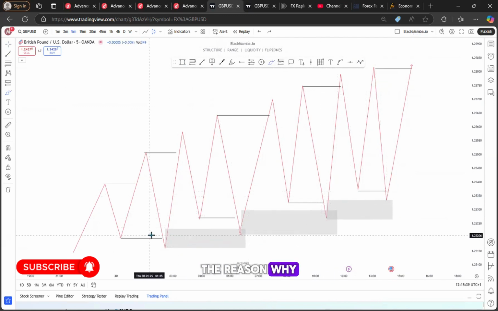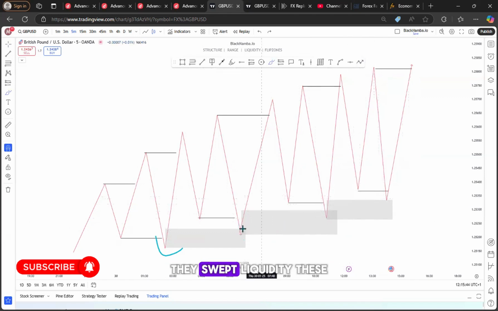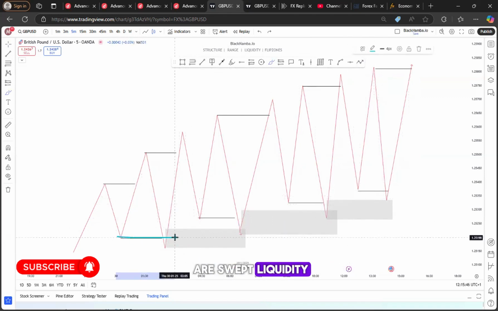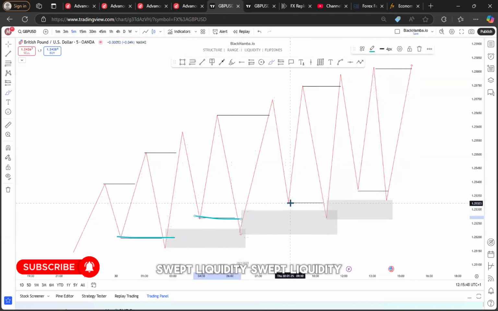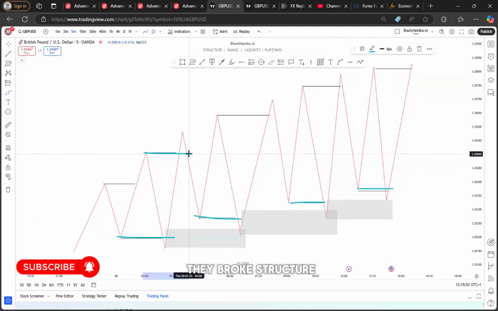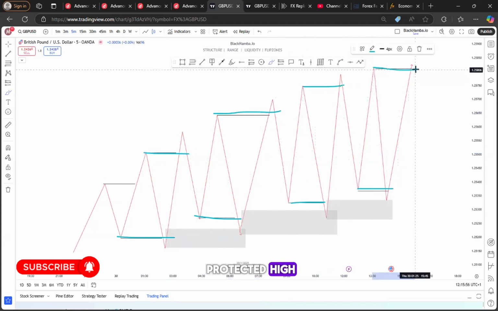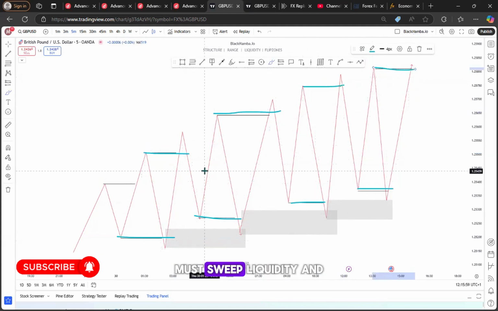The reason why these areas are the protected lows is because they swept liquidity. These areas swept liquidity, swept this low, and then they broke structure. A protected low or a protected high must sweep liquidity and break structure.